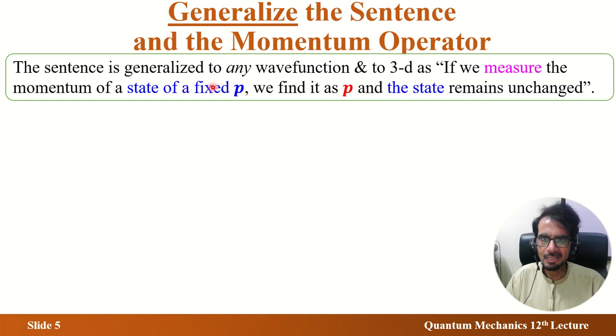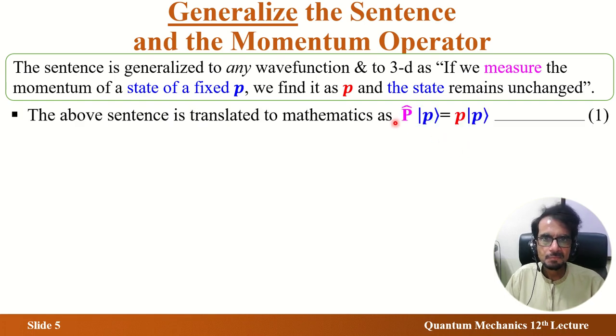So when you say state, that's our generalization. But mathematically, state means state vector. So now just what I've spoken, I write. State is state vector, that's generalization. Momentum in 1 dimension is generalized to 3 dimensions.